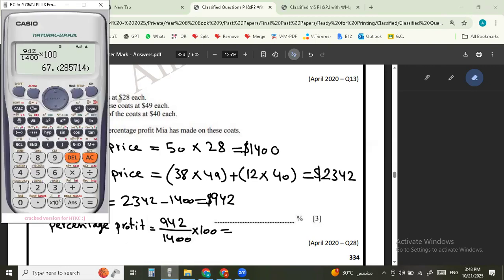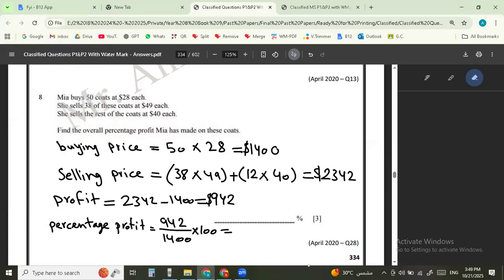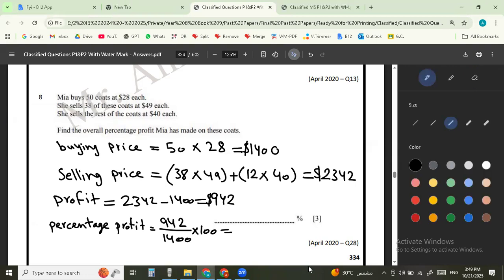So doing this, you're going to find that it is 67.28, and a lot of digits on your calculator. So rounding it to one decimal place, you're going to find that it is 67.3 percent.